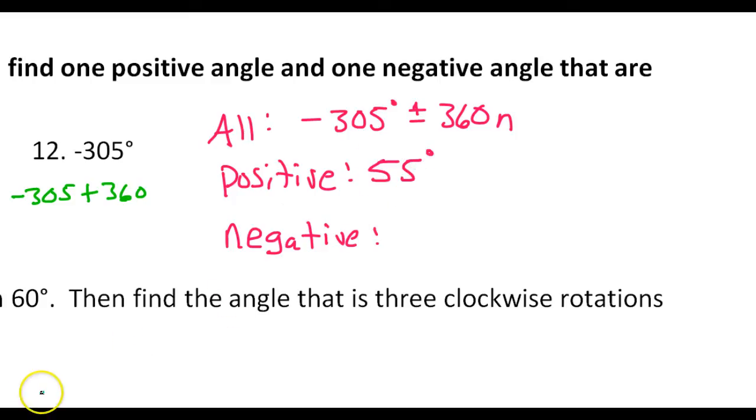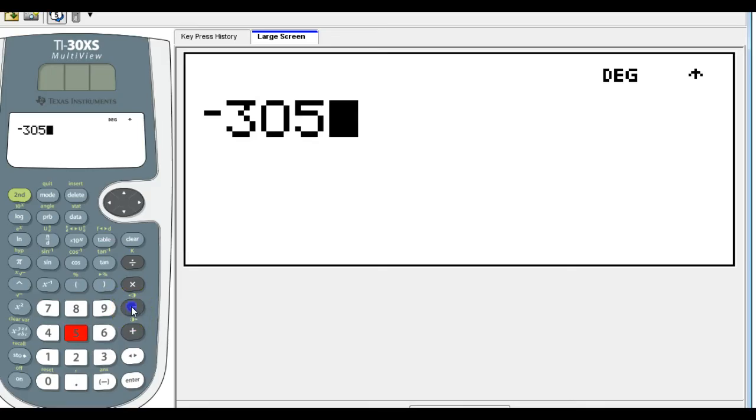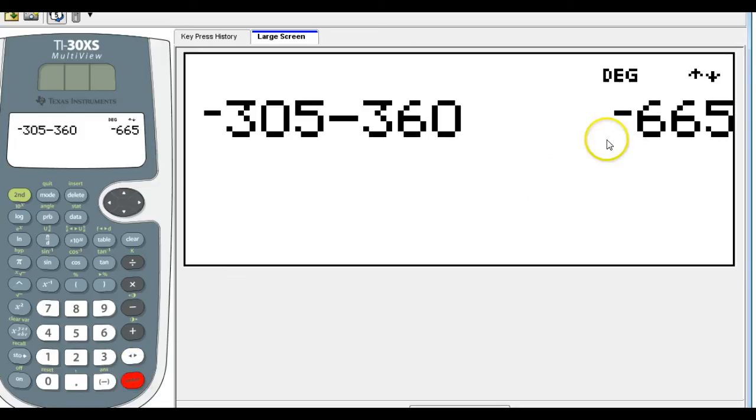So that would be an example. And if I want an example of a negative coterminal angle, I can take negative 305 and subtract 360 degrees. So that's going to be negative 665 degrees.